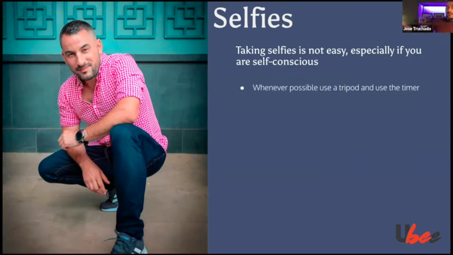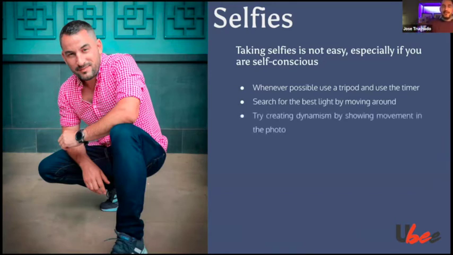If you don't have a tripod, find a place where you can put your phone. Actually, for this picture, I didn't have a tripod. I had a backpack and I put the phone leaning on my backpack, and then I used the timer. So it's important to try to get away from the phone as much as possible. Move around and search for the best lights.